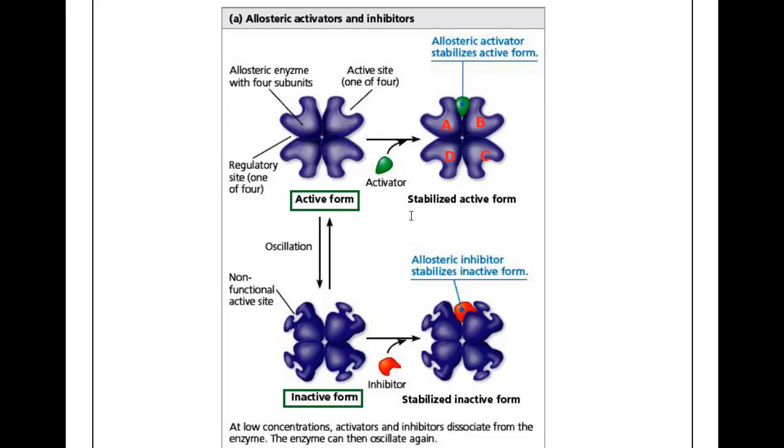Activator molecule contacts A. From there, the signal goes to D and C. So they also stop changing their shape. Entirely, all the subunits are stabilized with one activator molecule. Clear?